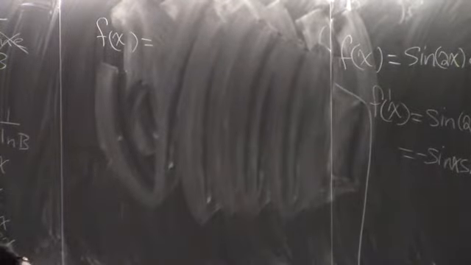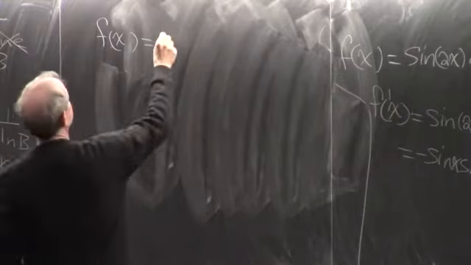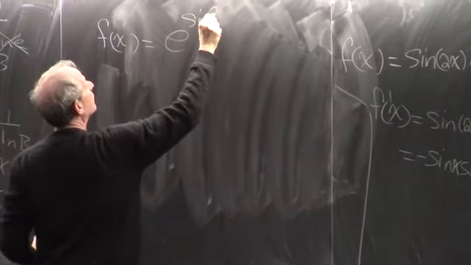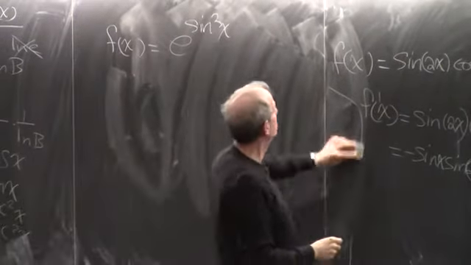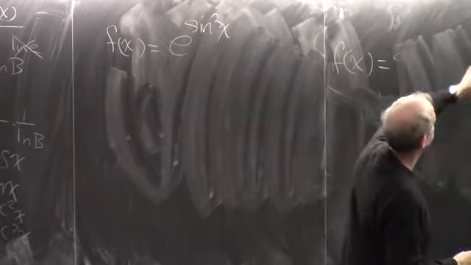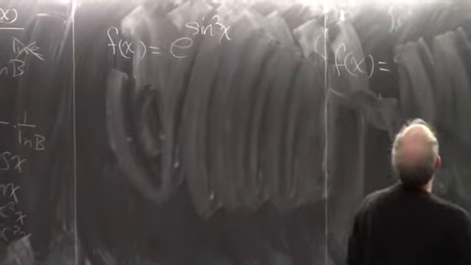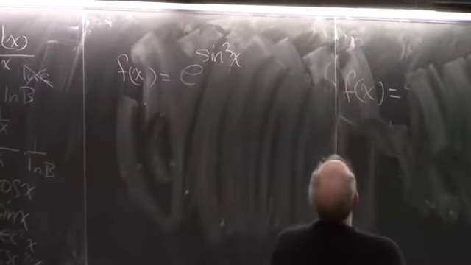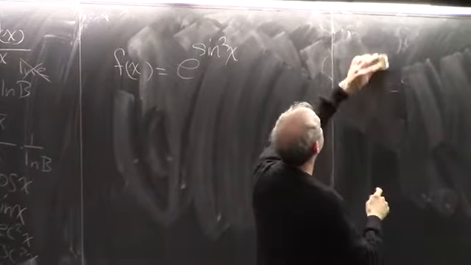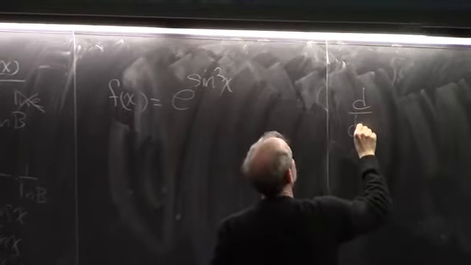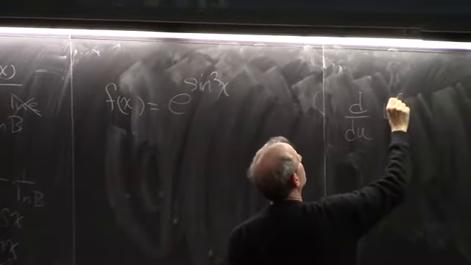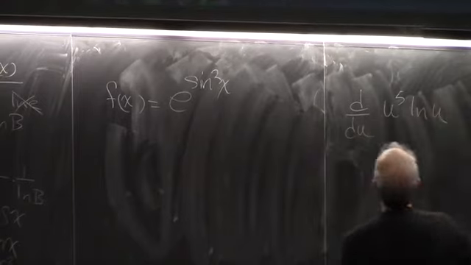That is e to the sine squared of x. Let's say t, it doesn't matter. U to the 5th log u. Remember, the letter doesn't matter.